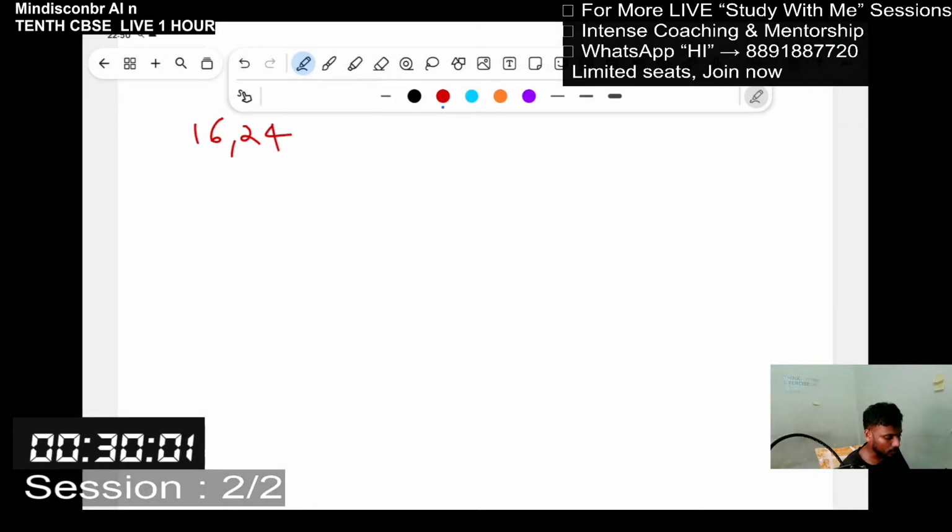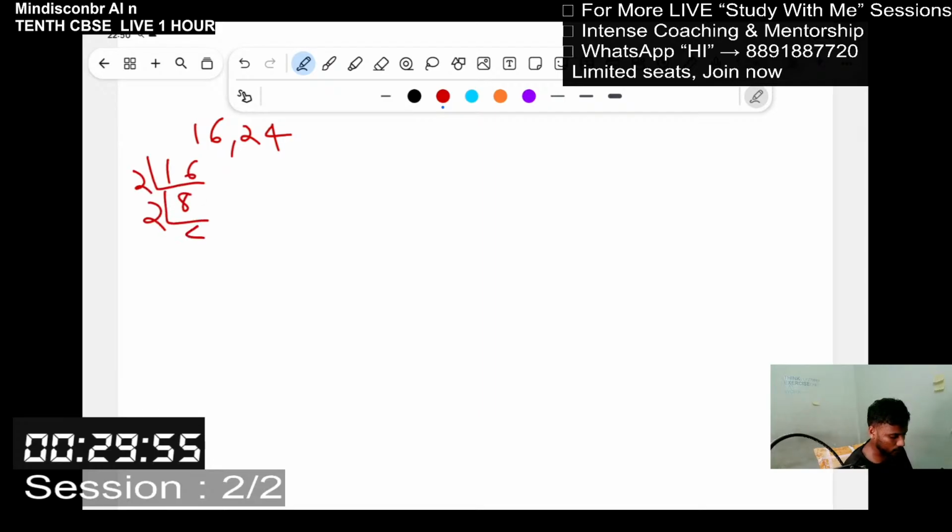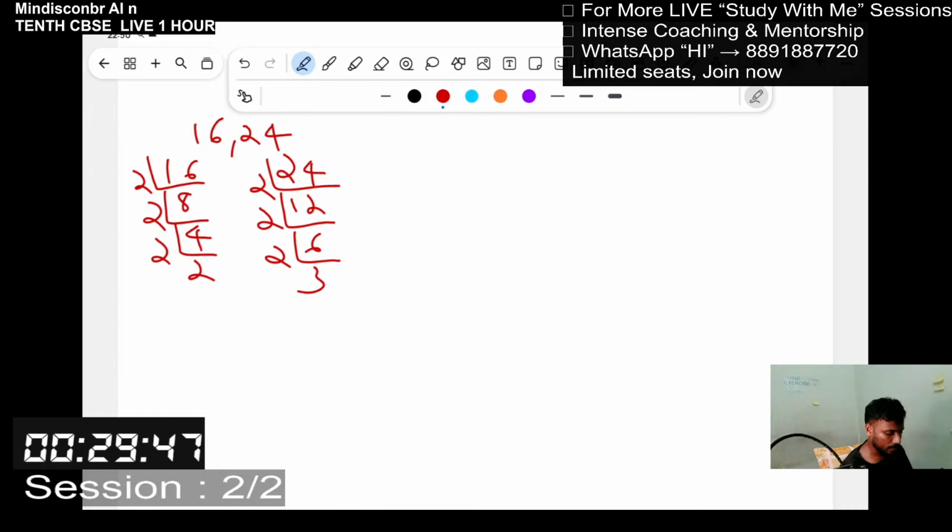First find the HCF and LCM. 16 is 2 into 8, 2 into 4, 2 into 2, and 24 is 2 into 12, 2 into 6, 2 into 3.